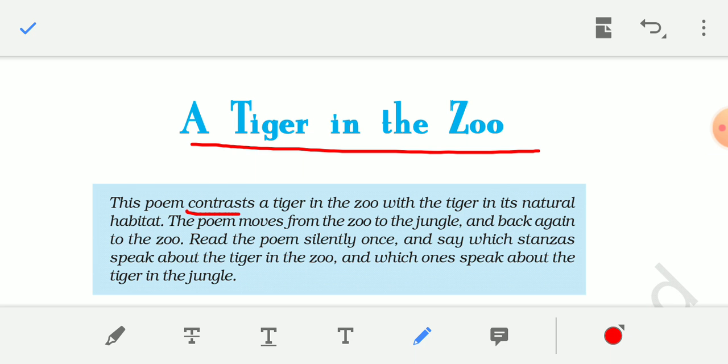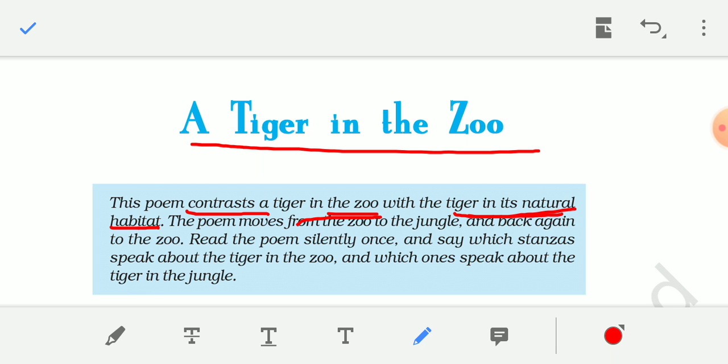This poem contrasts a tiger in the zoo with a tiger in its natural habitat. So here the poet is giving a contrast. He is comparing a tiger in the zoo and a tiger in its natural habitat.